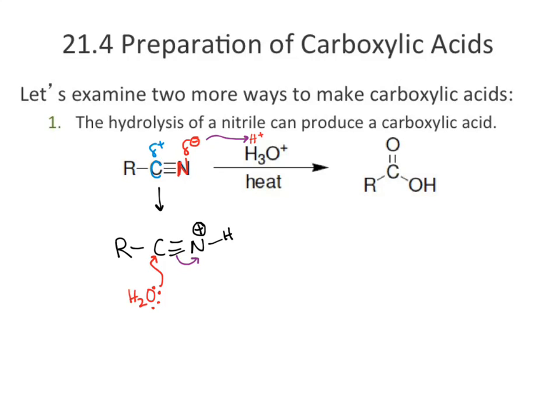This will be an issue that shows up on the Sapling homework, which I will try and get up tonight. You have to be aware that your nitrogens can act as bases, and if you're running under acidic conditions, you should not be making a base. If you're running under basic conditions, you shouldn't be making something that's acidic. So you'll have to adjust for those conditions.